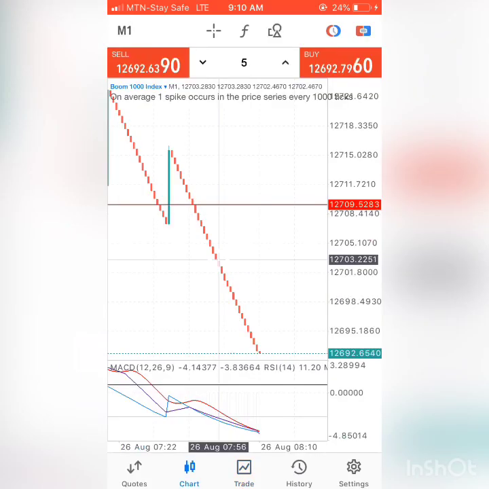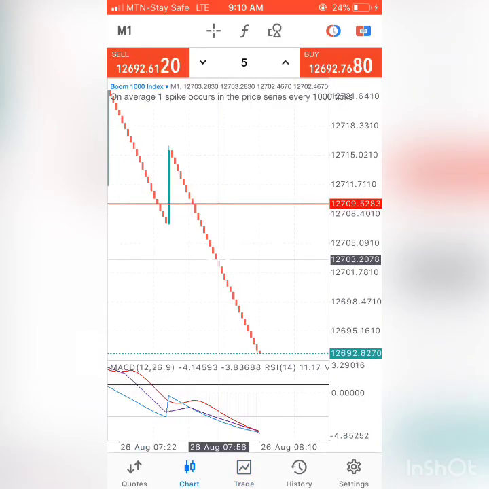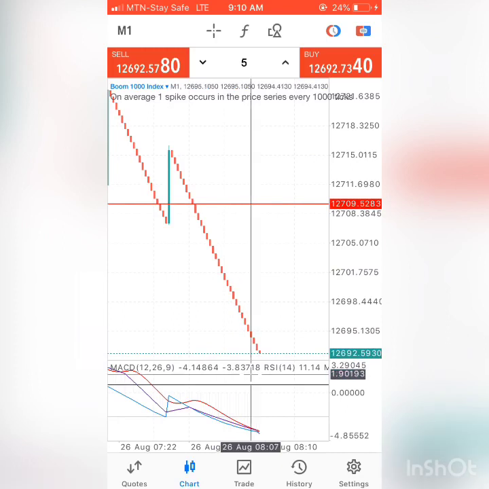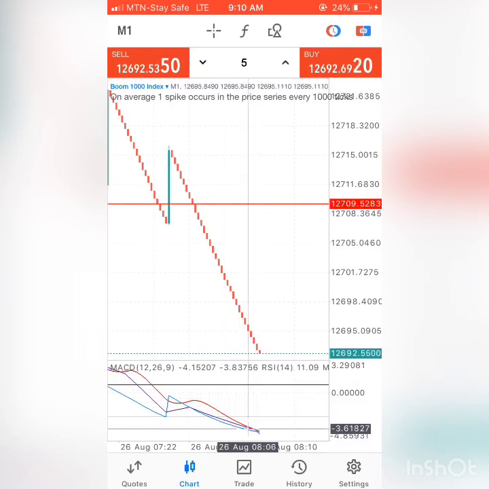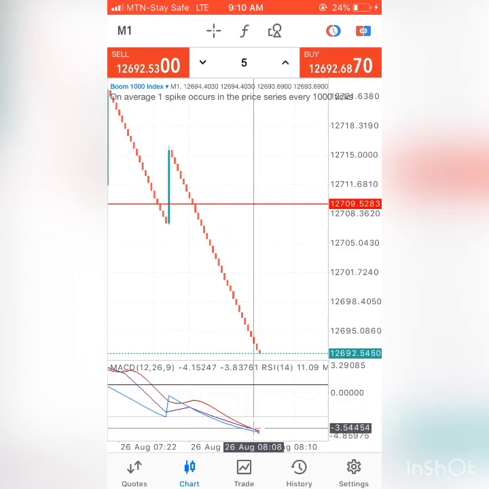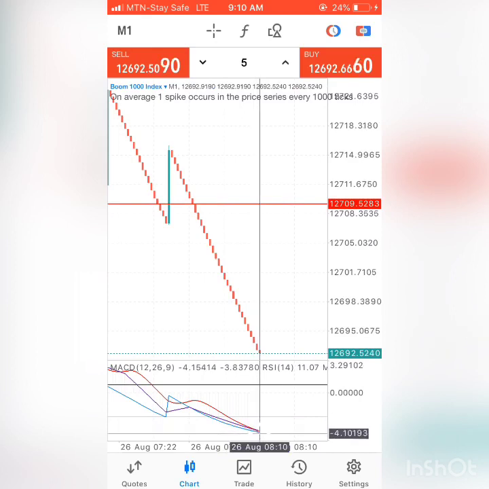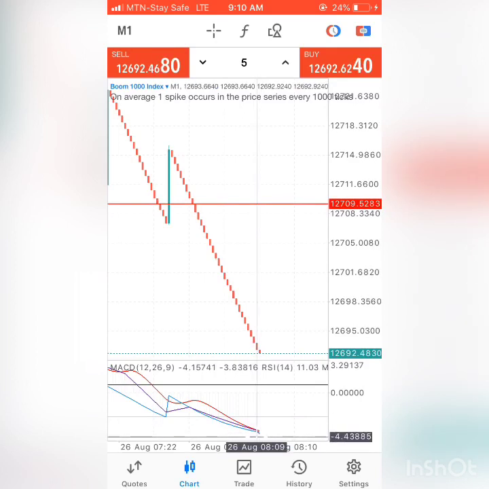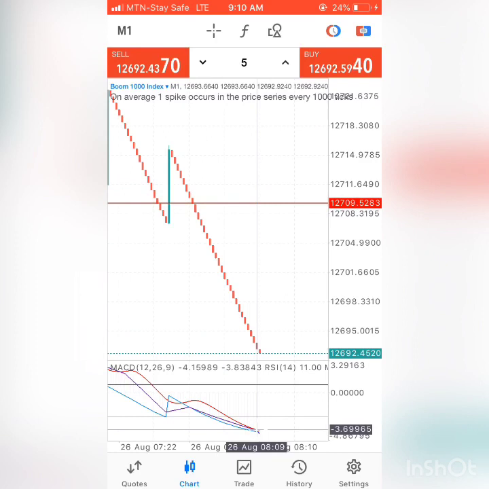So guys, now you've seen that this has happened. I got out of this trade because here you see they have all converged, and if you check closely, I think the purple line has crossed with the red line, which is one of the confirmations I talked about earlier.